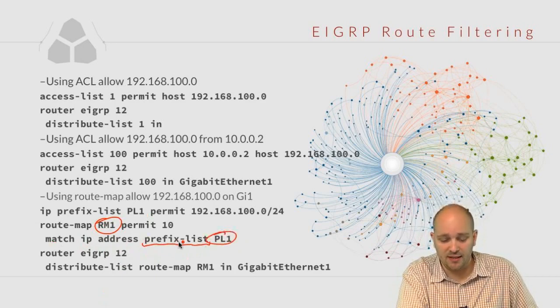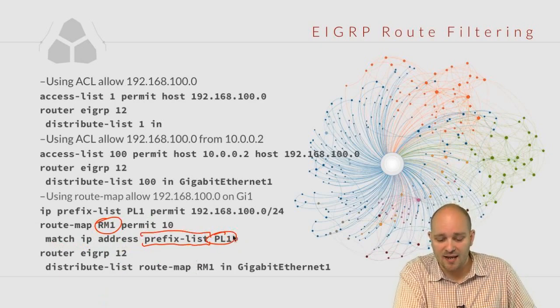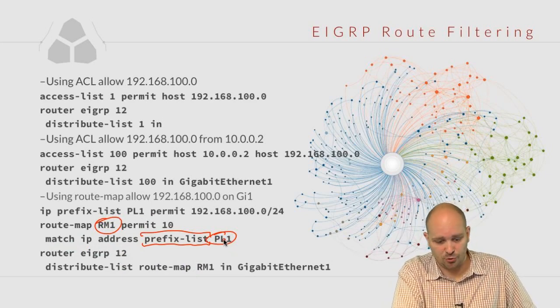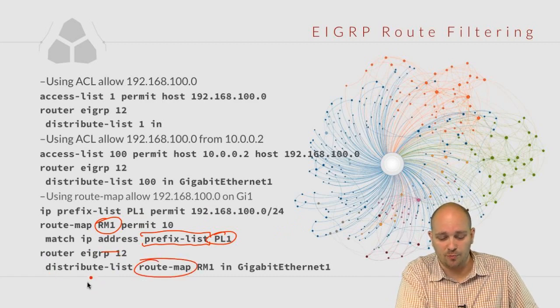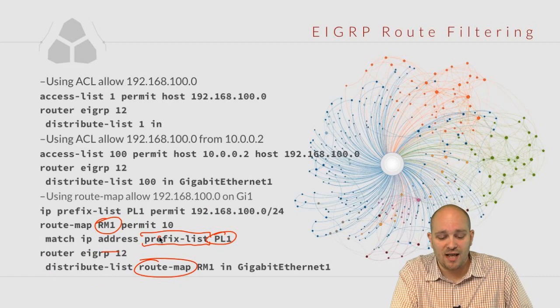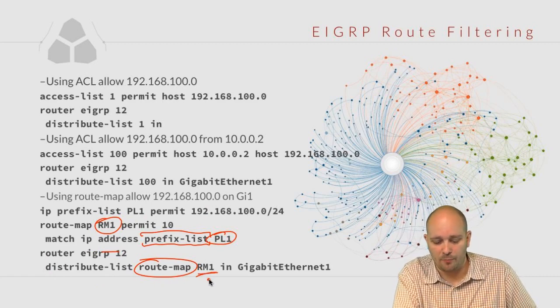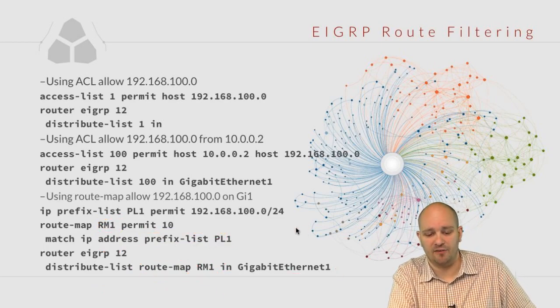Don't forget that in the route map, if you don't say prefix list here, the name that you type is going to be referencing the access list, and this is not what you want if you want to use the prefix list. And then in the router EIGRP process, we would say distribute list route map. The same way we would have used the prefix list, this time we are saying we want to use the route map 1, in the inbound direction on gigabit interface 1.